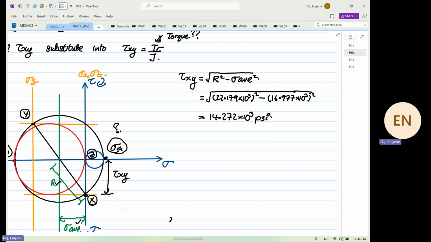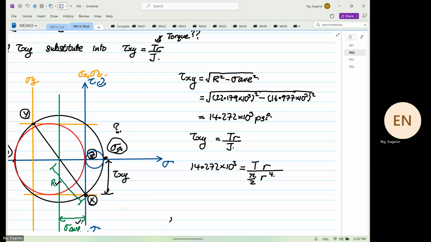Now we can use this formula to find torque. We know that shear XY is also equal to TR over J. The shear XY is equal to 14.272 times 10 to the power 3. Then we are going to find torque. Our radius, I'm just going to call R for now, because J is equal to pi over 2 multiplied by R to the power 4.